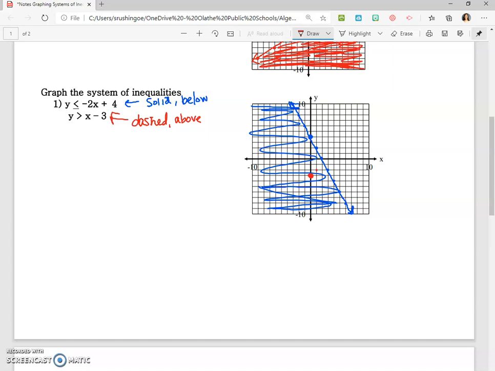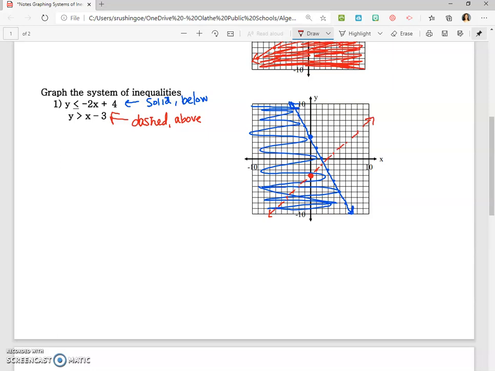And then we go up 1 over 1. So dashed. And then we're shading above.